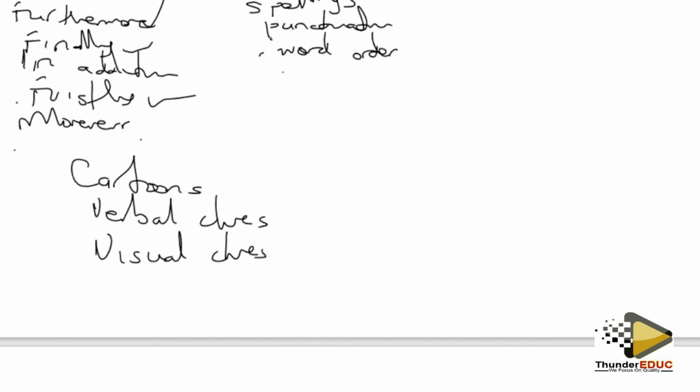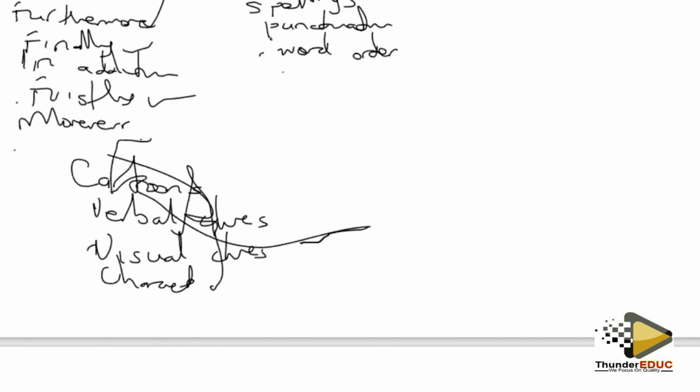We have characters as well. My apologies. All right, so we have characters as well. So let's try and make sure that when we are coming to cartoons, we are able to bring those. My apologies for the mess I did there.